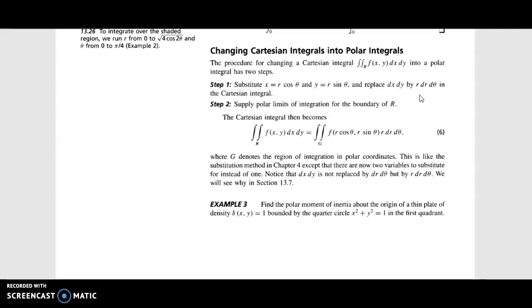Replace dx dy by r dr d theta in the Cartesian integral. Then this integral is equal to the double integral of f(r cos theta, r sin theta) into r dr d theta.